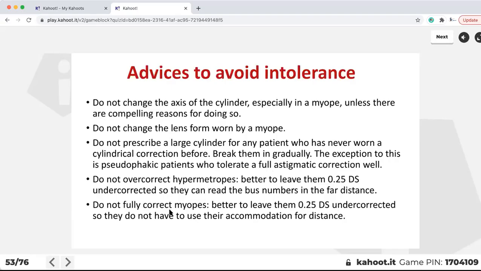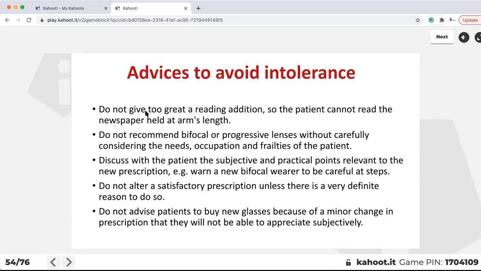And don't fully correct the myope, in order not to make them use their accommodation, leading to eye strain. And don't give too great a reading aid or overcorrection of reading, as the patient cannot read the newspaper held at his arm length, and the other reason that I told you is to avoid convergence insufficiency.